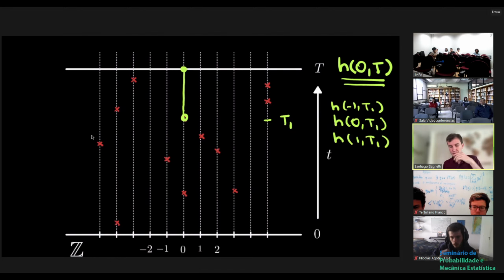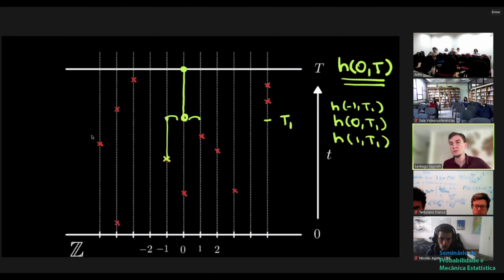So what I need to do is repeat the same procedure, but now for these 3 columns. Let's say I take this one, and I continue going backwards in time until I reach a cross.